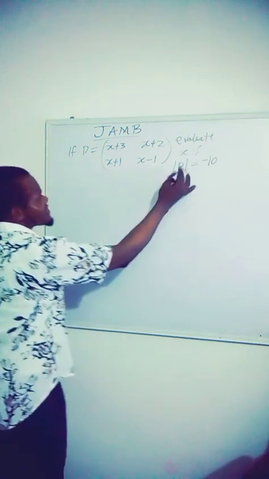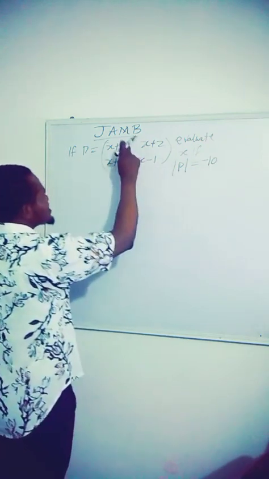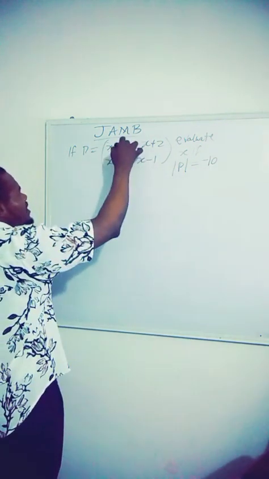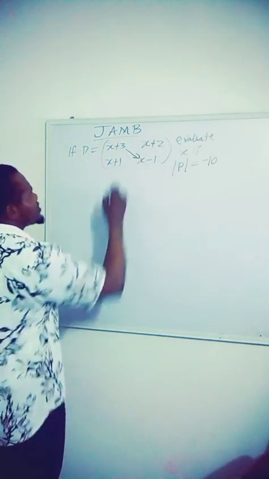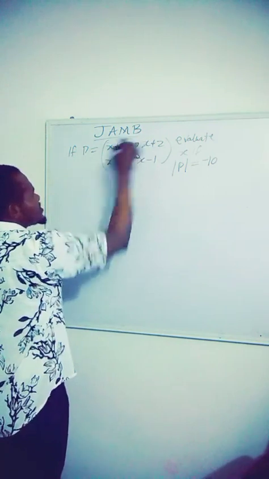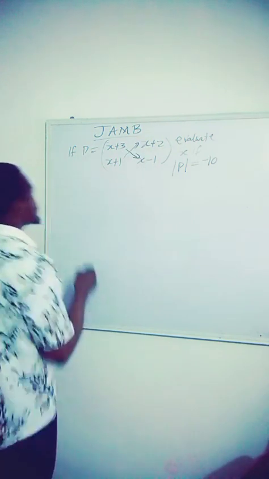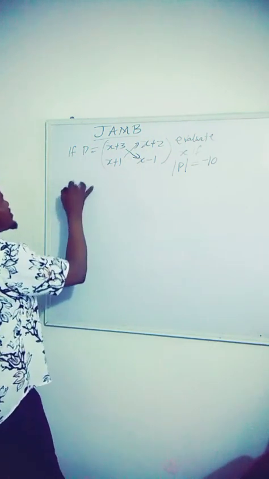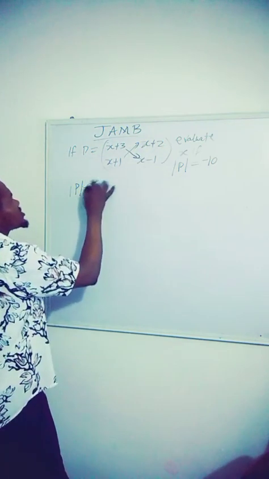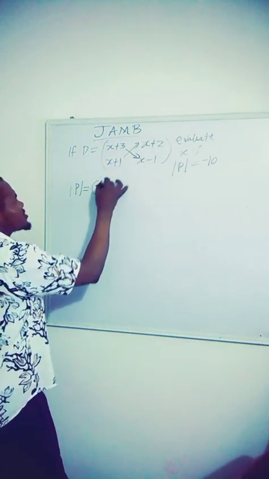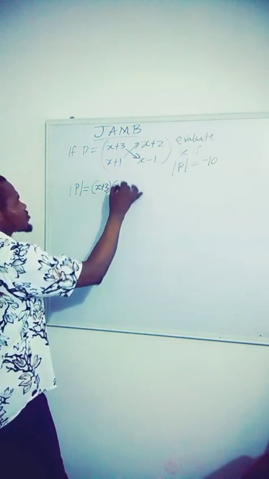So since we are given the determinant, we need to find the determinant of this. How do you find the determinant? You multiply the left diagonal, then you subtract the multiplication of the right diagonal. So the determinant of P will be equal to x plus 3 multiplied by x minus 1.